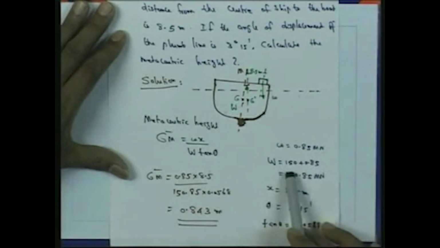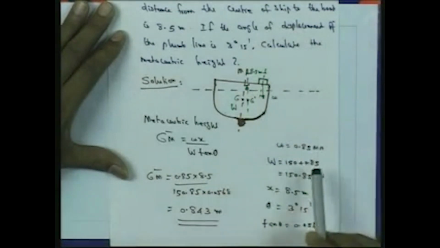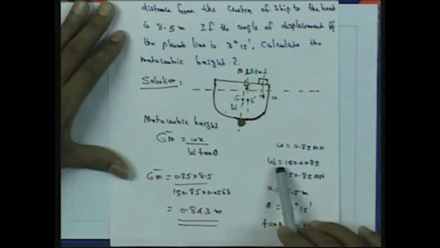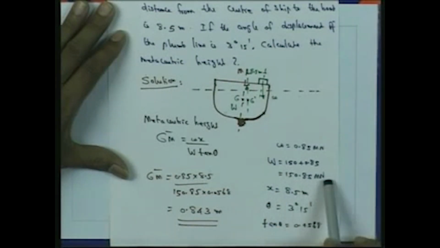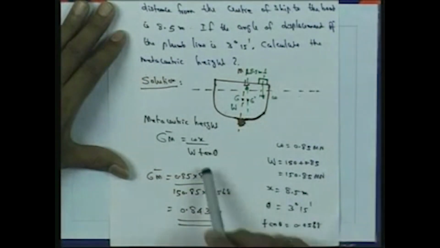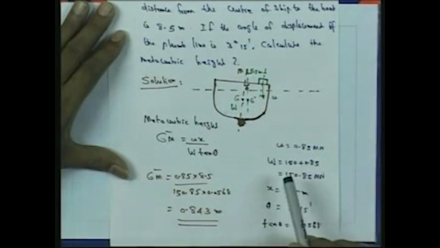So capital W is 150 plus 0.85, equal to 150.85. Then x is equal to 8.5 meter, and theta is given as 3 degree 15 minutes.